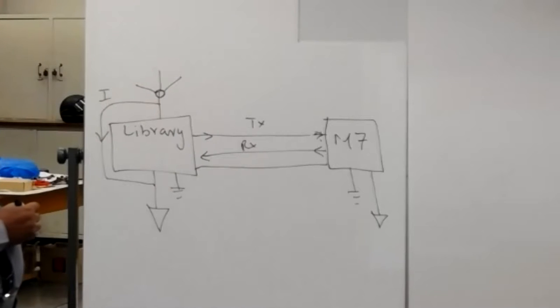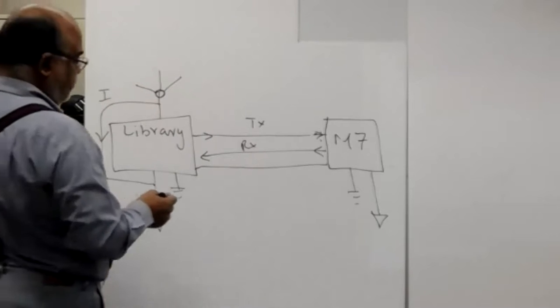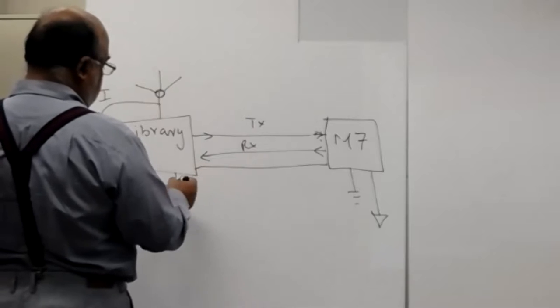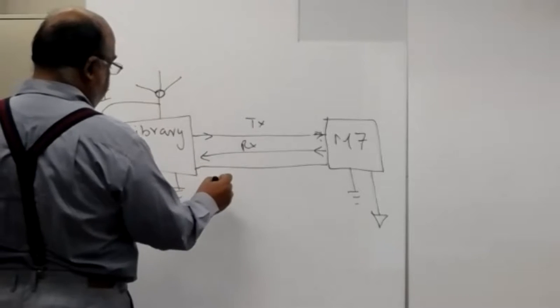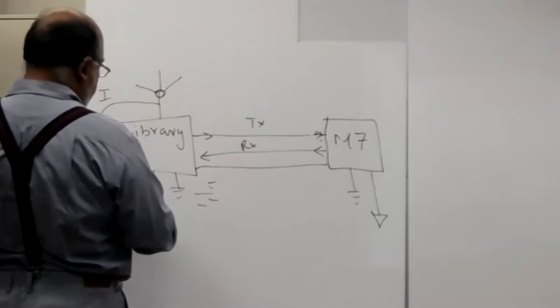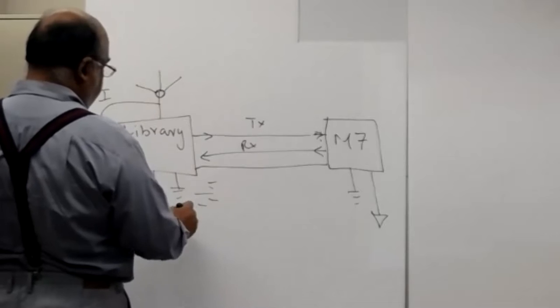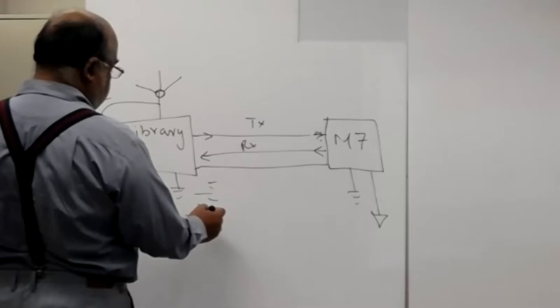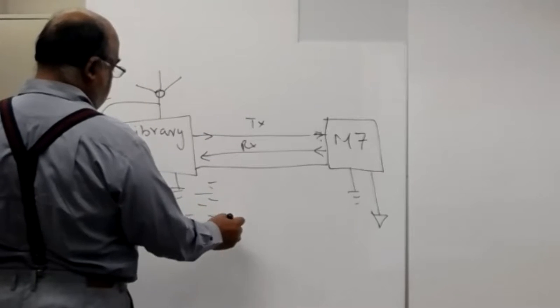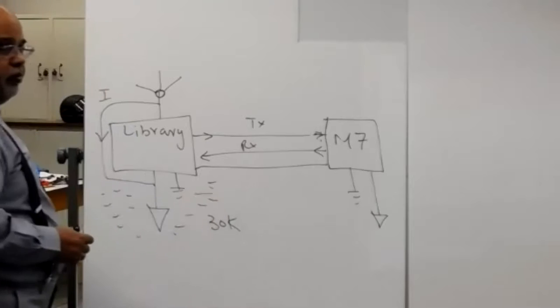When that happens, this whole ground area of this library building will become, for a very small time, very high voltage, 30 kilovolt or many megavolt or something like that.